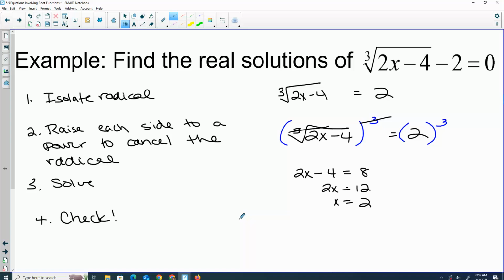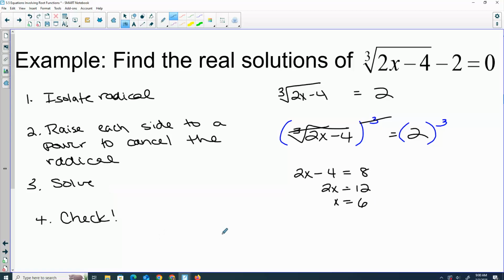When you start raising each side to a power, you will frequently get answers that don't really work. It happens mainly with even roots, because if you take a negative and square it, it becomes positive, and so that can cause problems sometimes.